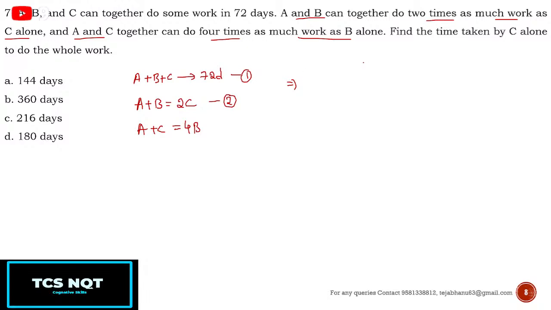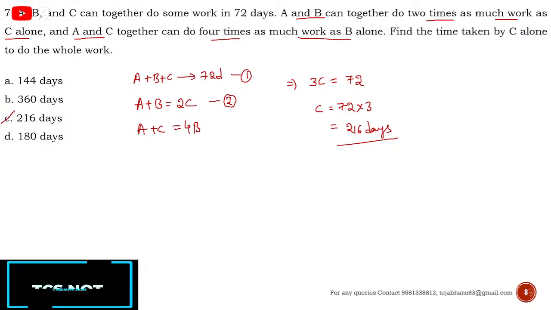From this, we clearly get 2C plus C, 3C is equal to 72. C is equal to 72 into 3, which is 216 days. Direct question. Very simple question.